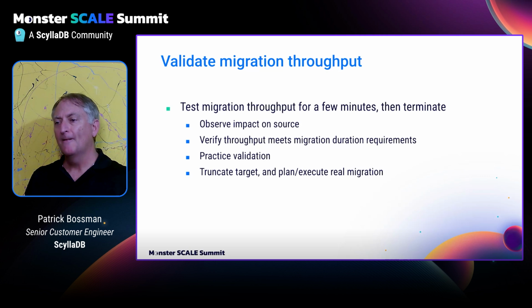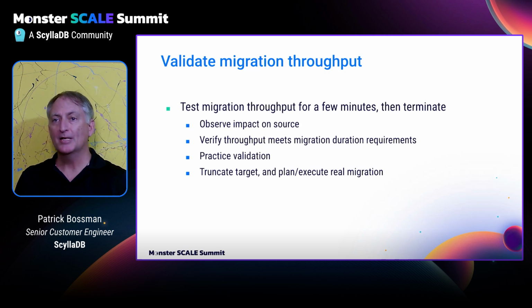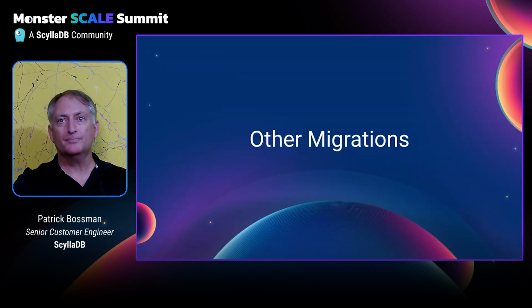So definitely practice the migration and get a feel for whether you're going to meet your throughput requirements. And then we could just terminate it, truncate the target, and then schedule the real execution when we know we're going to hit our throughput goals.